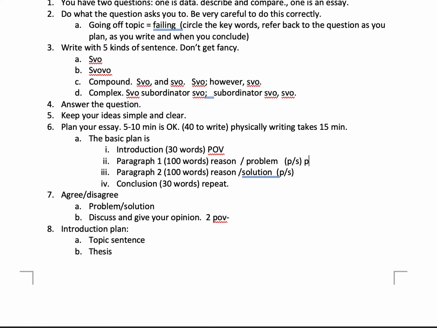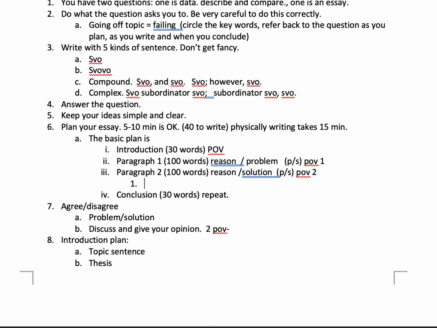So POV 1, POV 2, and then, only for this question, you're going to do paragraph 3. That's for your point of view. It's not the only way to do it, but it's an easy way to remember because it's asking you to do 3 things. If you do 3 paragraphs, it's easy to remember that you have 3 things to do.